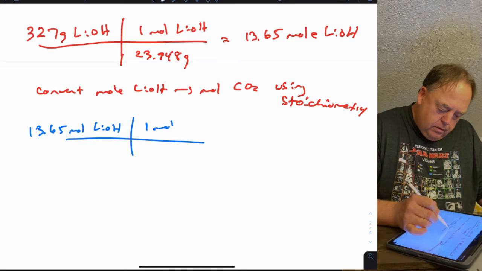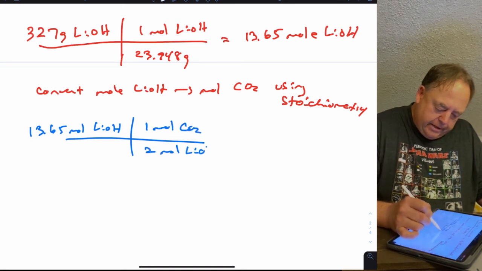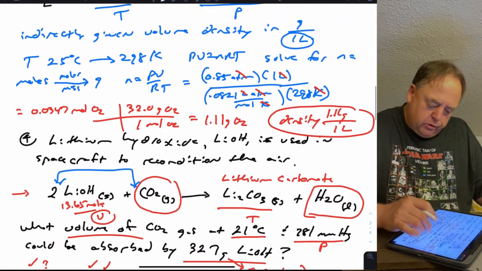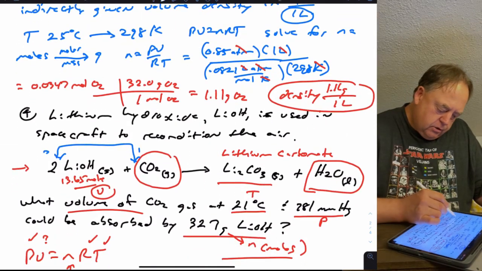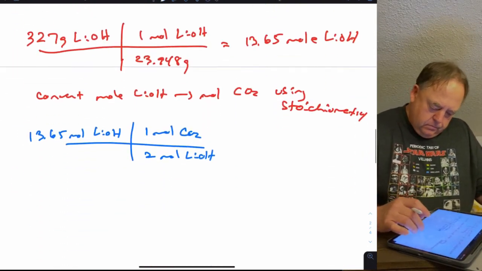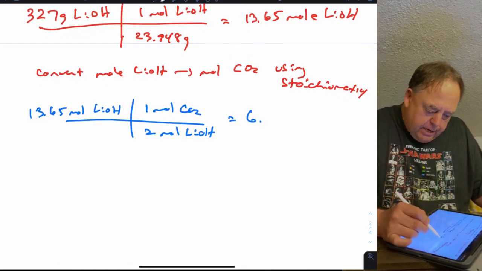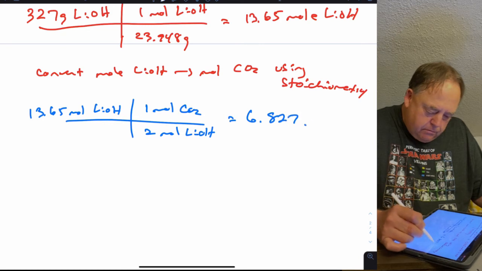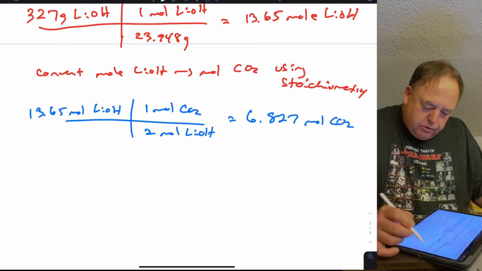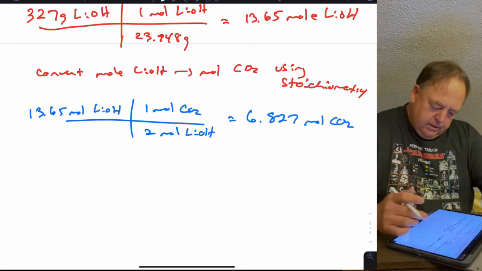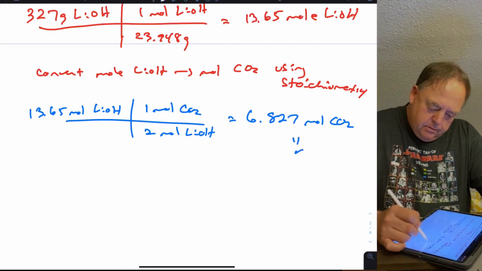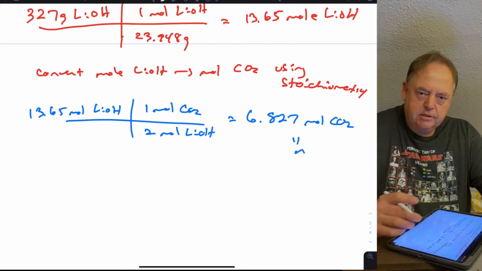So 1 mole of CO2 reacts with every 2 moles of LiOH, right, according to the chemical equation. So 1-to-2 ratio. So this is going to react with 6.827 moles of CO2. So now we have N. So now we can use the ideal gas law.